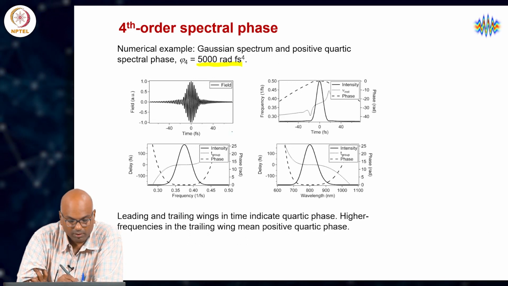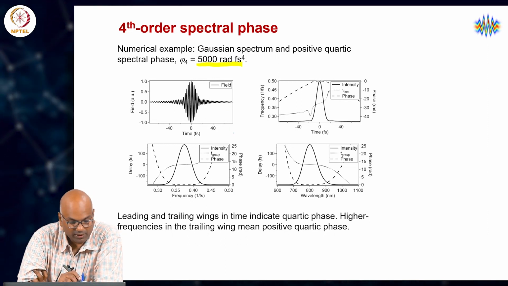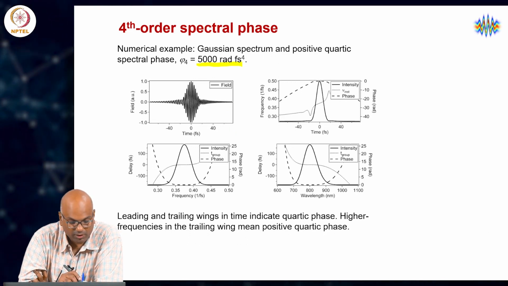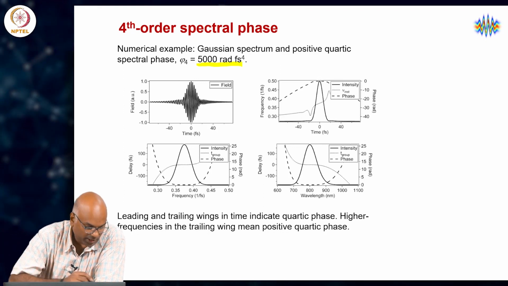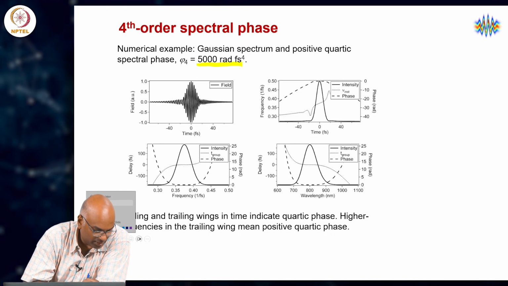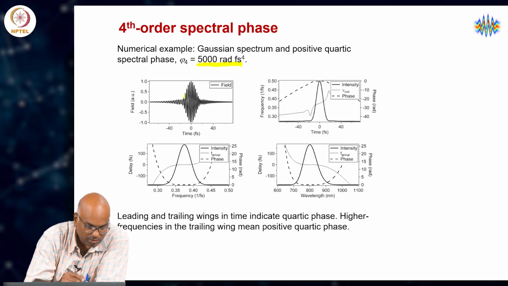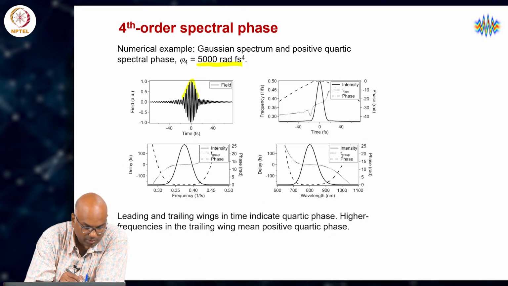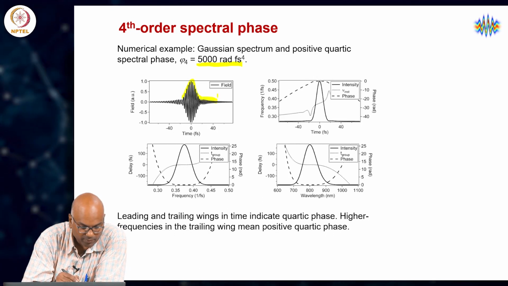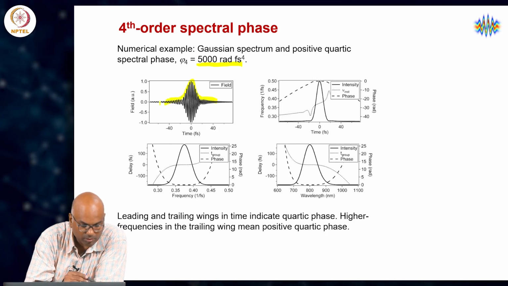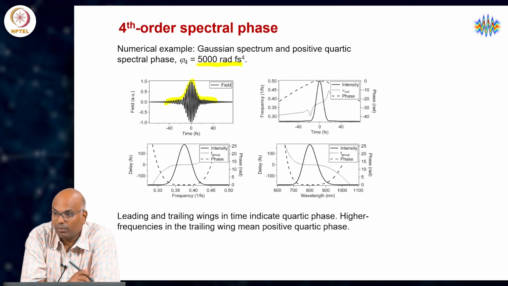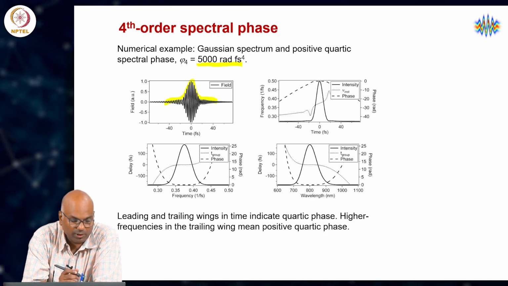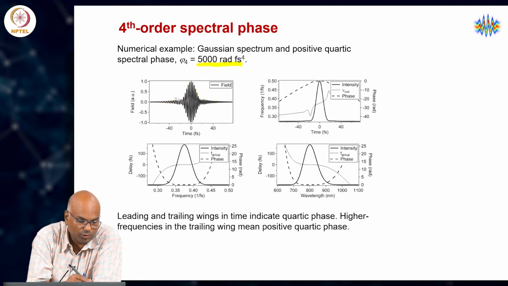All right. The fourth order spectral phase has the consequence above all to create these sort of pedestals in the time domain. You see there is a main pulse, and a symmetric wing on either side is created owing to the fourth order spectral phase.